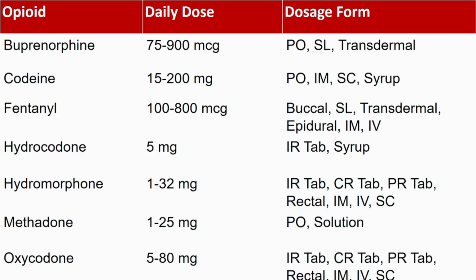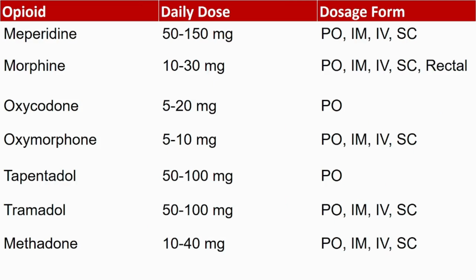For methadone maintenance treatment, the methadone oral solution is given along with juices such as orange juice. And then oxycodone, which is popularly known for oral tablets, controlled release tablets, and injection as well. Dose ranges are given here, and we'll talk about the dosages in the next slides.